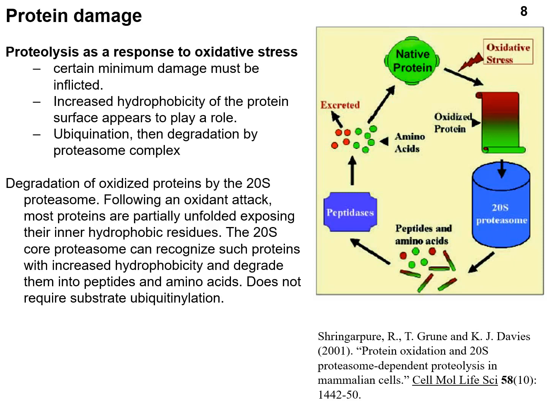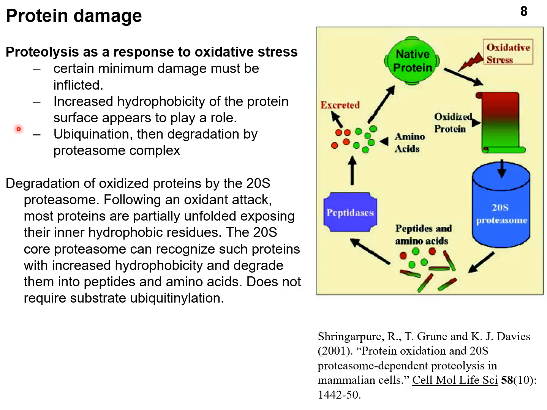So damage to proteins by a reactive oxygen species, the consequence really depends on the degree of damage. So you need a minimum level of damage before the protein is broken down by proteolysis. The mechanisms by which this happens are still not completely clear, but one possibility is that increased hydrophobicity on the protein surface may render it more susceptible to protein degradation.